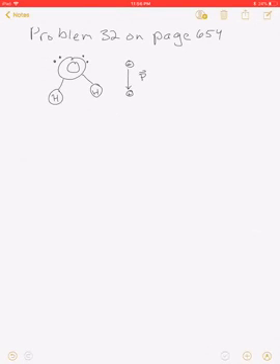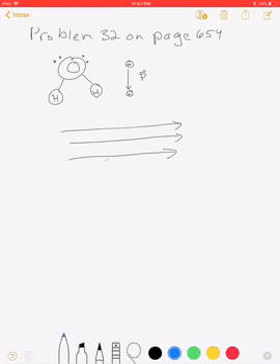Okay, now when you put a dipole moment into an electric field, so here's our dipole moment. What happens is that the electric field is going to be causing a force on these charges, right? So we're going to have, I'll put it in green here, force on the positive one is going to push this way, and on the negative it's going to push this way.